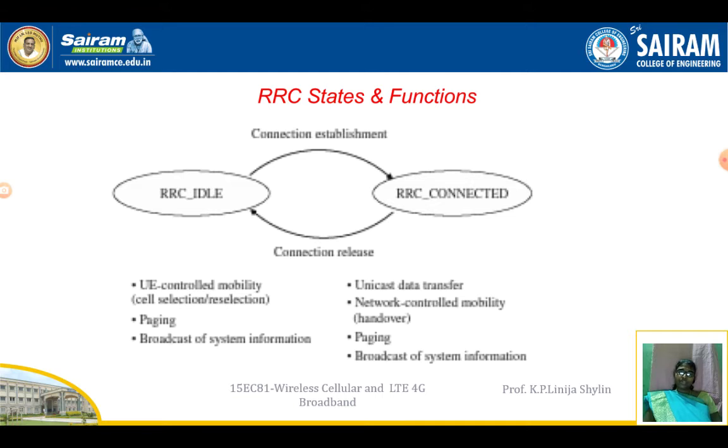The user equipment will monitor the paging channel, and it specifies the DRX cycle. Below the diagram, three points are given as an explanation: UE-controlled mobility, which comes under selection and reselection, then paging, then broadcast of system information. Hope you all have gotten a little clarity about RRC in idle mode.